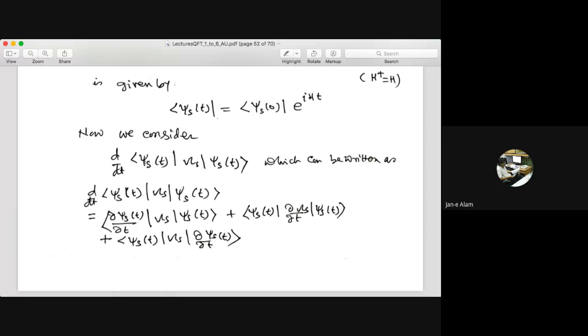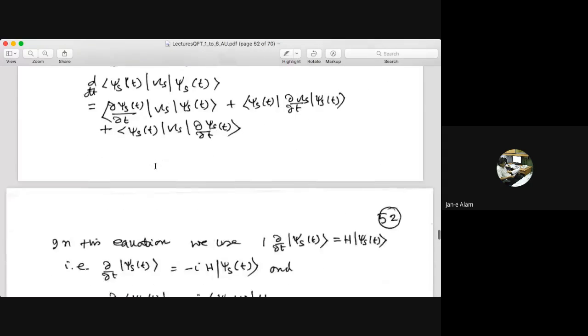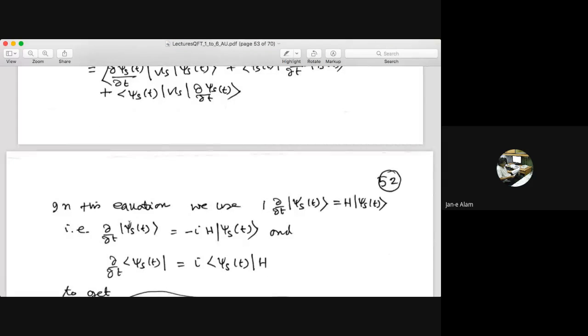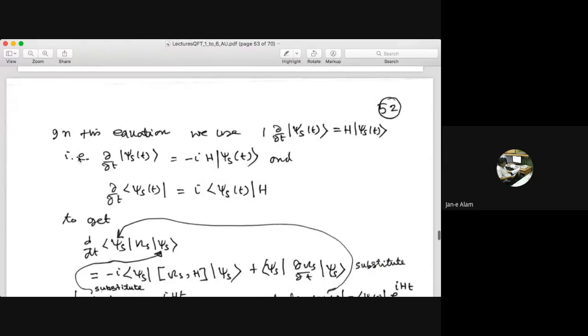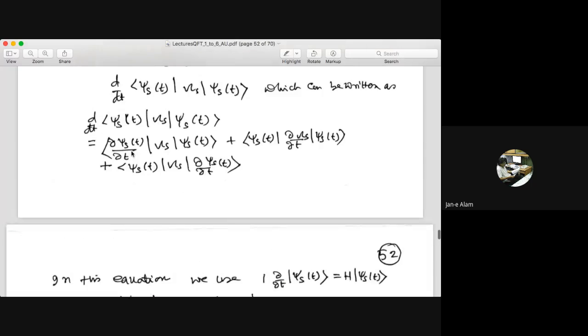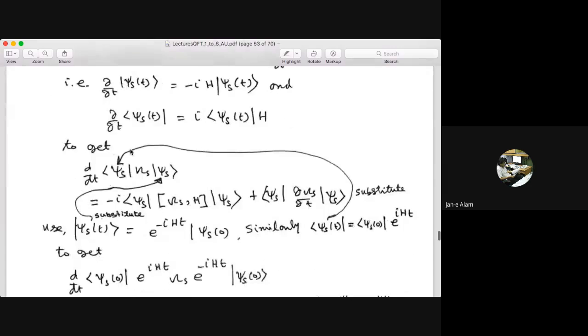When I took the derivative, del psi del t came, and that is given by the equation i del psi del t is equal to H psi. So all these del psi I can replace by H psi, and then I got a commutator between omega s and H.